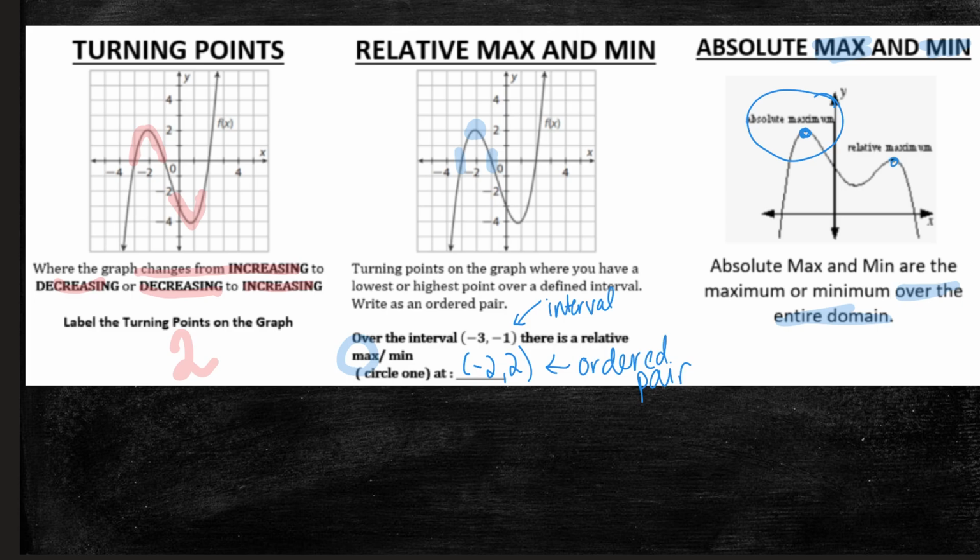This would not be considered an absolute maximum because it's not the highest point on the whole graph. This would be considered a relative maximum. Okay? So the absolute max would be the point, whatever that point is. This has an absolute max, which I can't tell what that point is because the graph is not labeled very, very well.